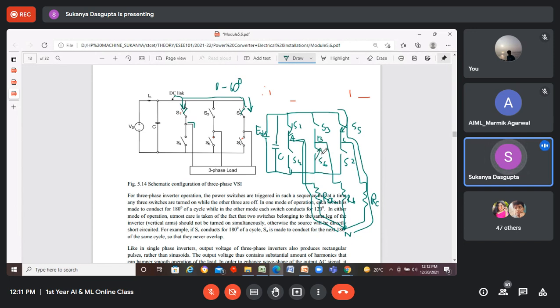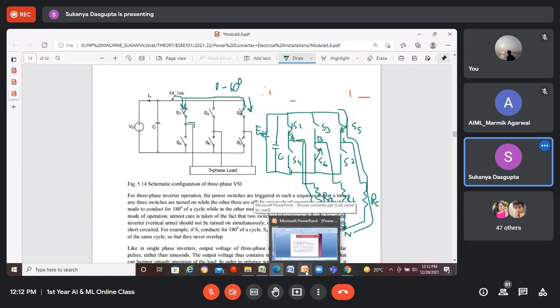So whenever these two top switches S1 and S5 are working, one bottom switch, which is S6, must be turned on, because S4 cannot be turned on since it's the complement of S1, and S2 should not be turned on because it is the complement of S5. Okay. Now is it clear to everyone? Yes, ma'am. Okay.